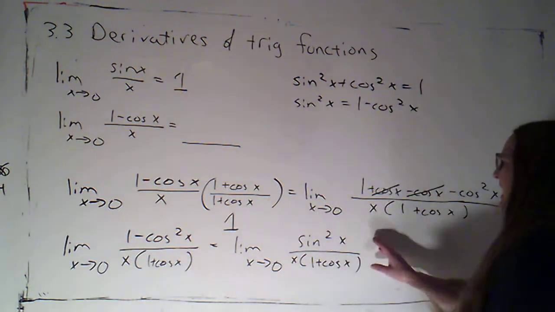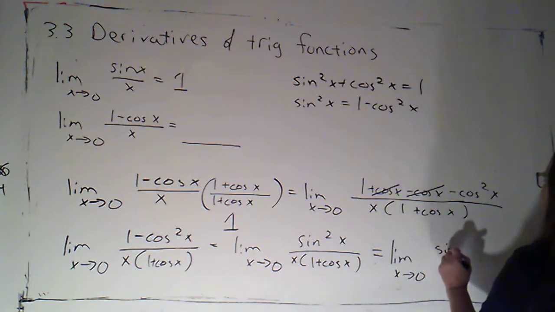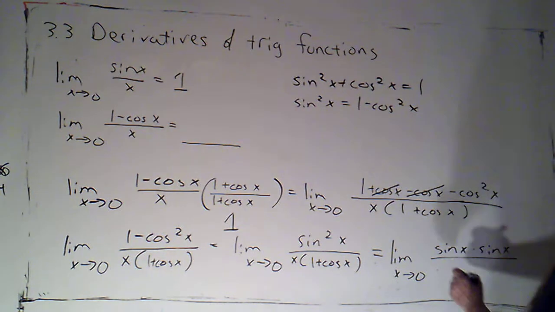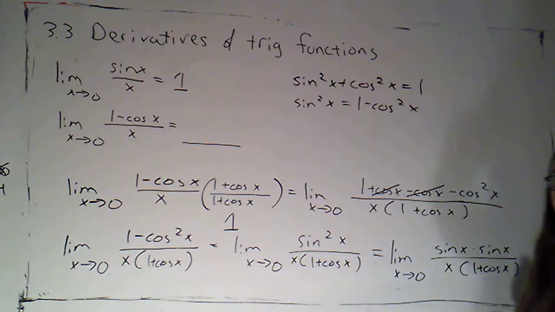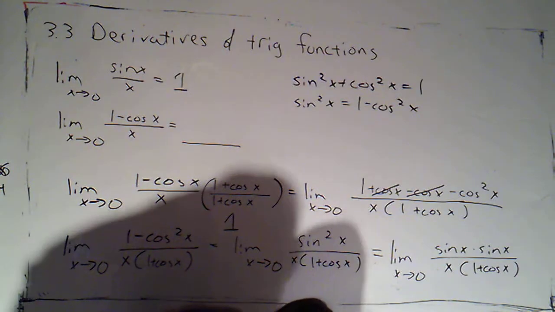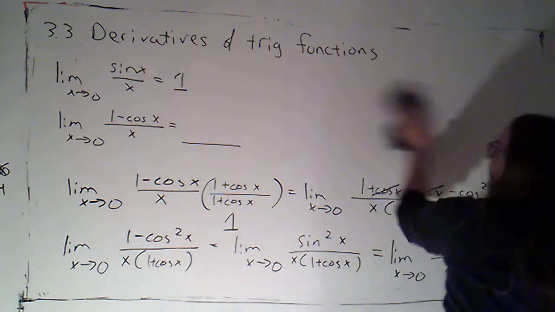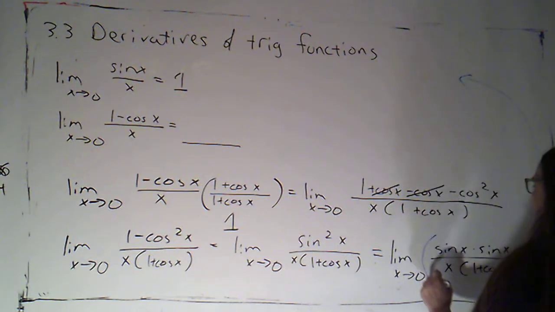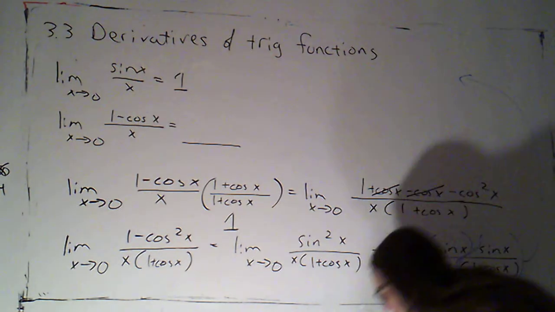Nice. Now, I'm going to write that sine squared on top as two factors of sine x. So that's just sine x times sine x over x times 1 plus cosine of x. So I have two factors on top and two factors on the bottom. Now what I'm going to do is pair them up, one factor from the top with one factor from the bottom.